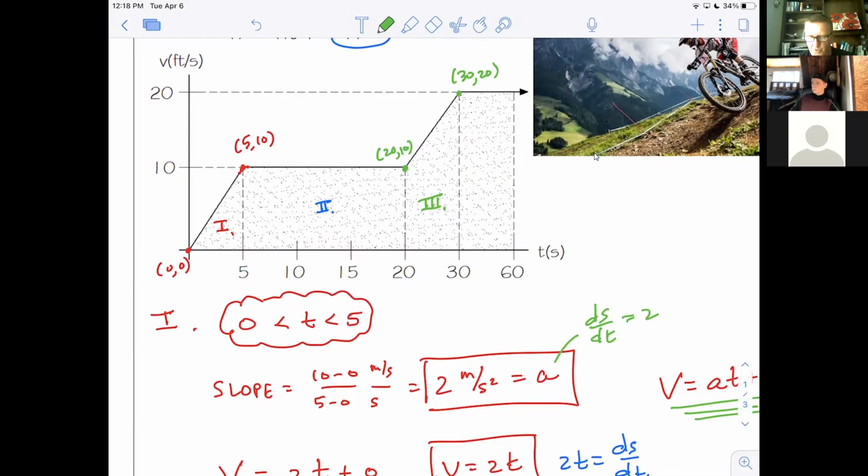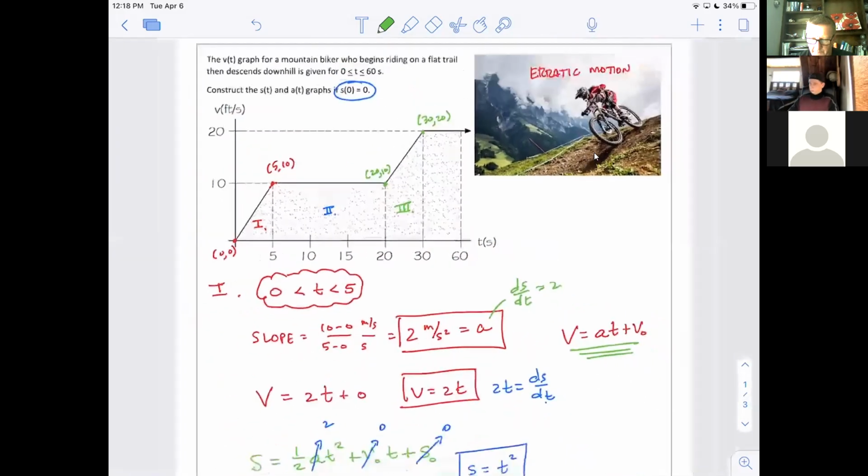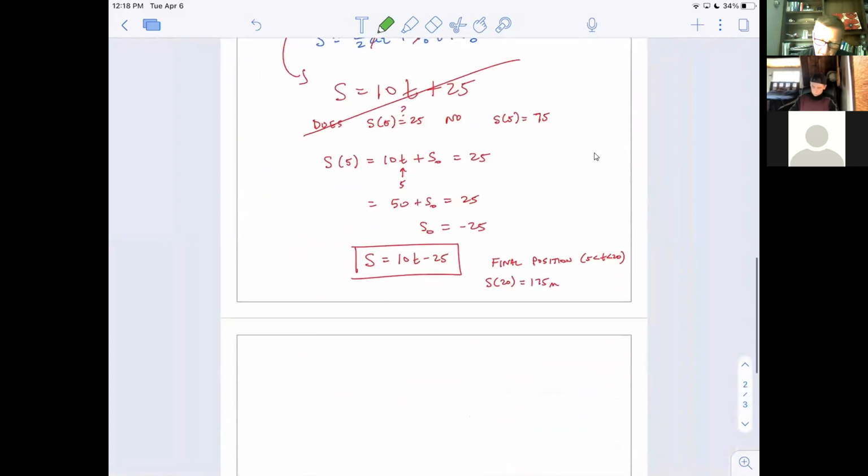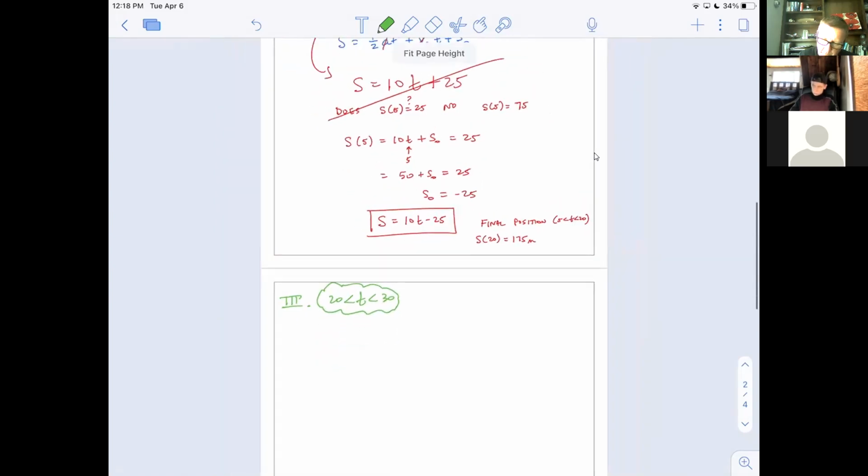Again, the graph is kind of not drawn to scale, so I could squeeze it in here because I just drew this myself. But let's look at this third phase from 20 to 30. So slope, which is 30.